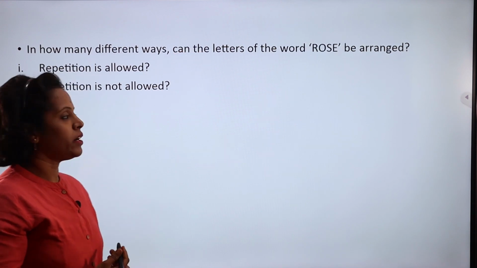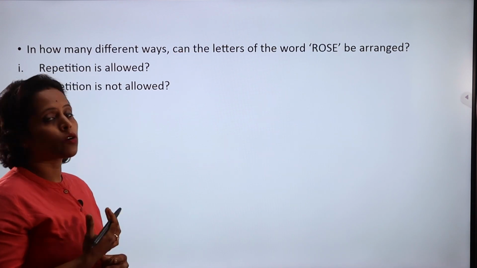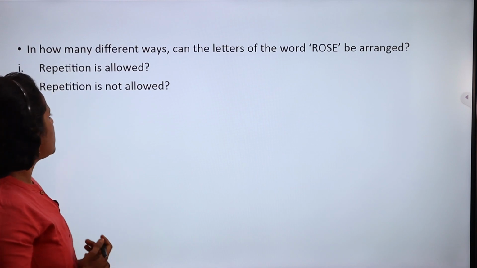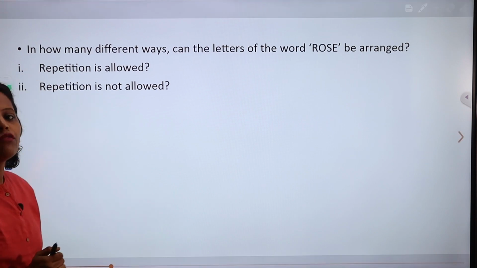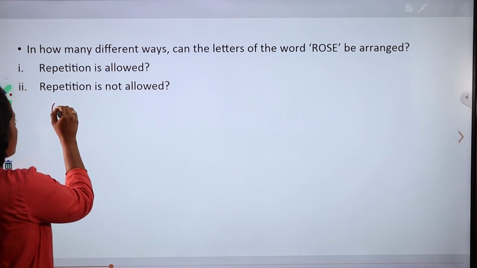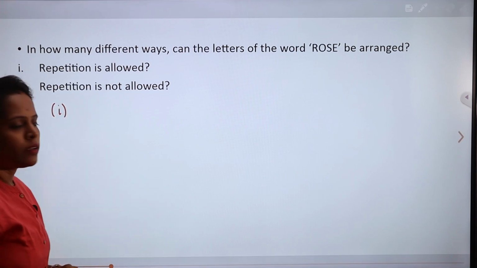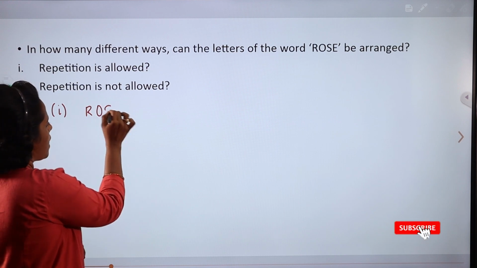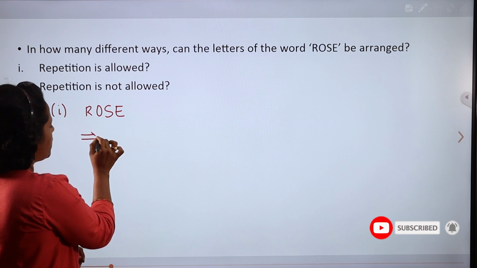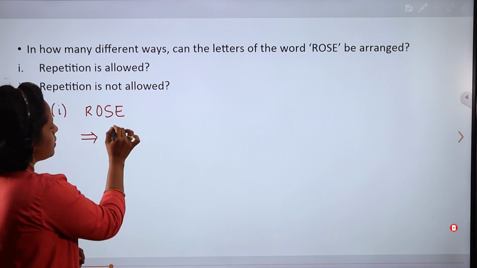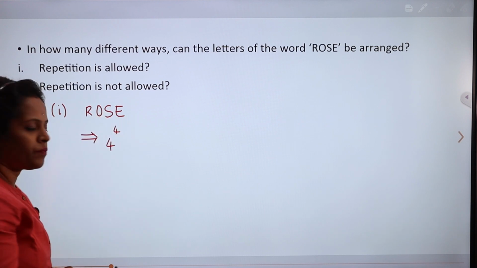In how many different ways can the letters of the word ROSE be arranged, when repetition is allowed and when repetition is not allowed? Let's see the first case where repetition is allowed. We have 4 letters, ROSE, and no letter is repeated. The answer when repetition is allowed is 4 power 4.